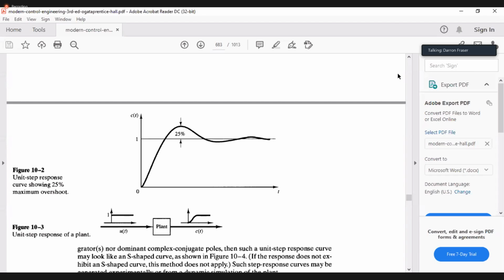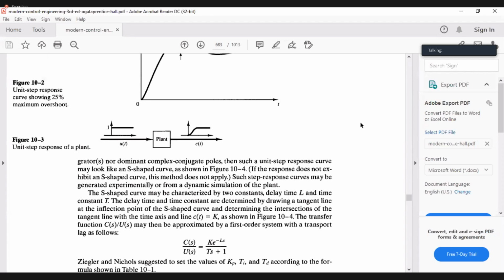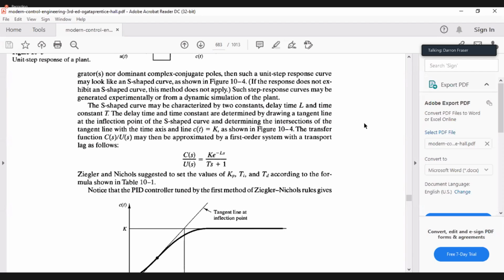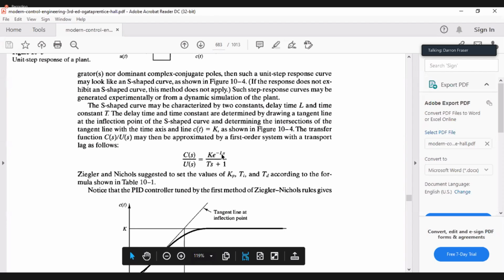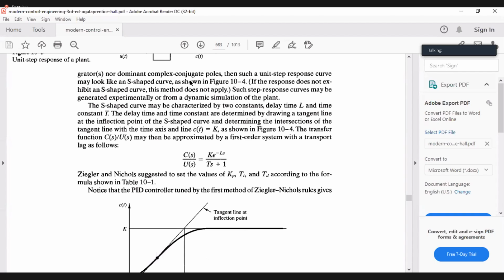Okay. So the first thing that we want to talk about is the tuning rules for a first order system. All right. So tuning rules for a first order system.